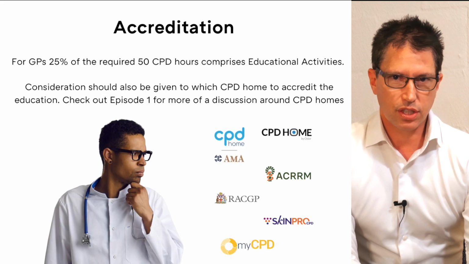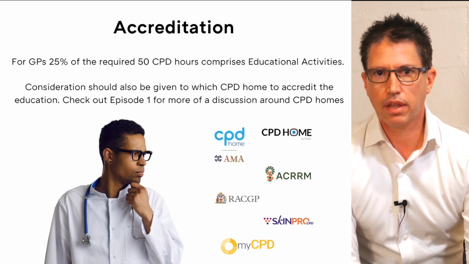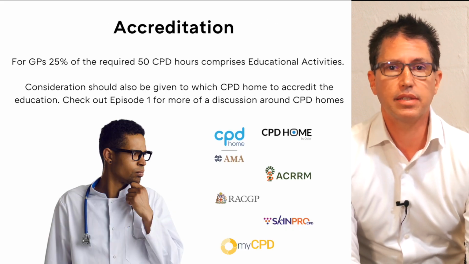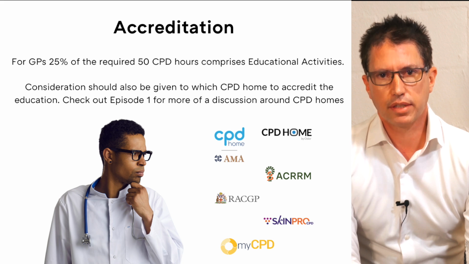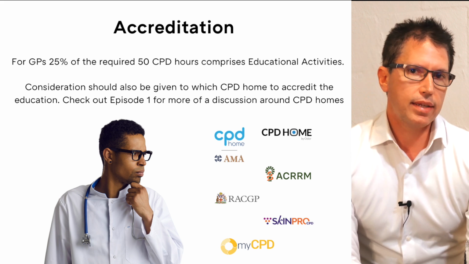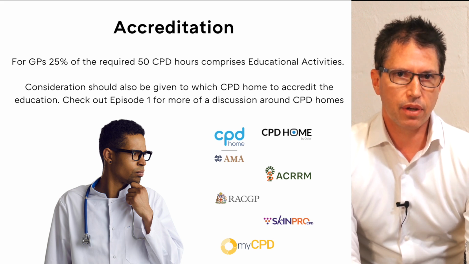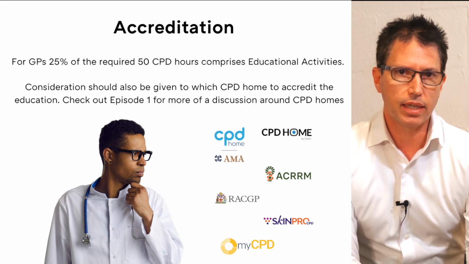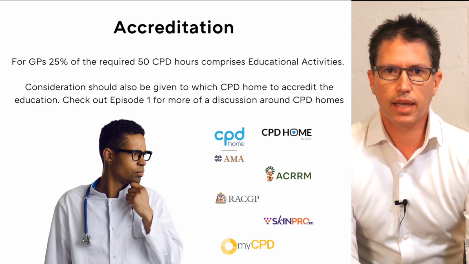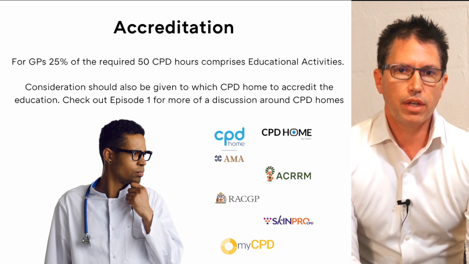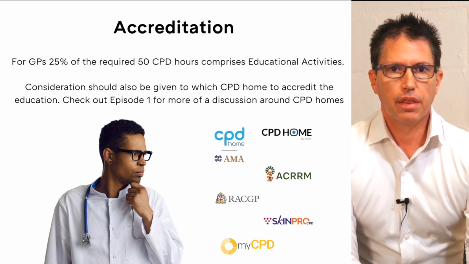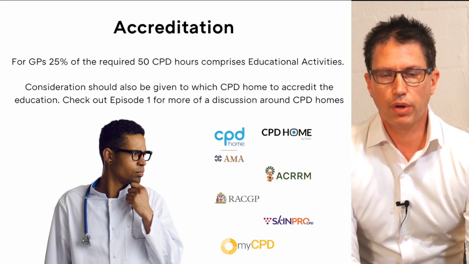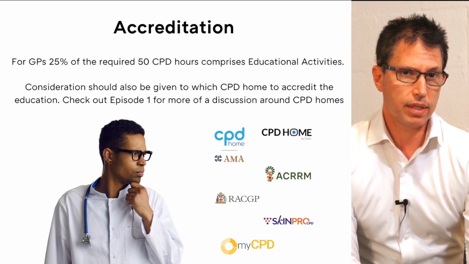And of course, with educational activities, like it is across the other two educational types, we focus on accreditation as well. We were asked in the last episode, what is the value of accreditation? Well, really simply, the value of accreditation is that, for a doctor, it gives them an understanding that at least the education has been developed according to a set of standards, and those are the CPD standards.